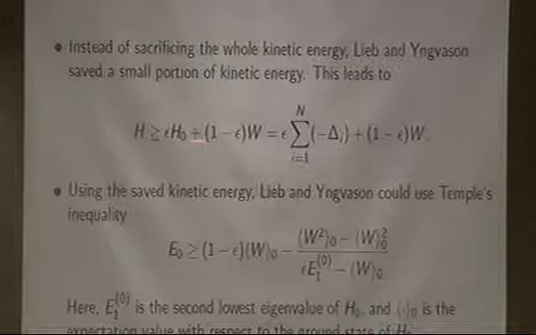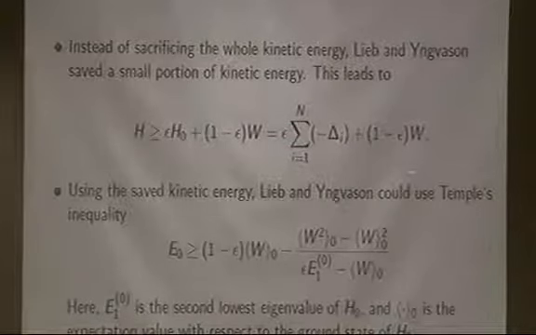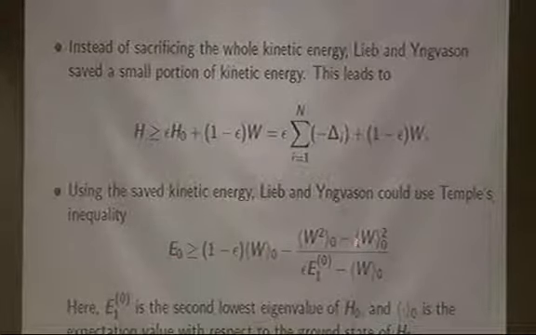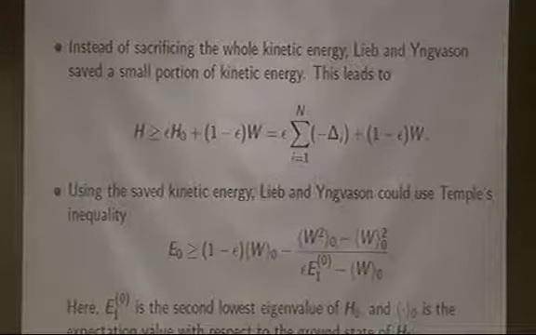So that we have this kinetic energy term like this plus this. And then this kinetic energy term is saved, and you can use the perturbation by using this kinetic energy. So E0 is now like this, and this is the template inequality that I showed you in the perturbation argument.